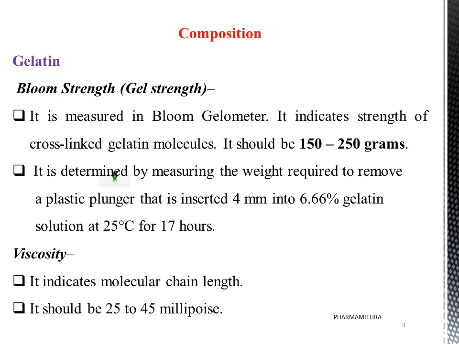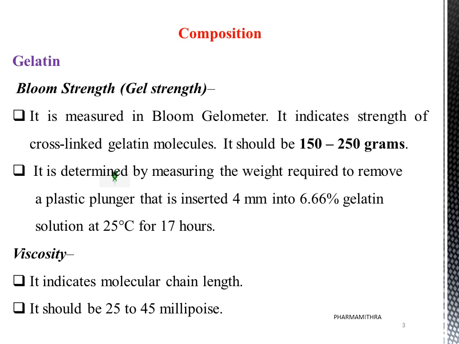Bloom strength is determined by measuring how much weight is required to remove a plastic plunger that is inserted 4 mm into a 6.66% gelatin solution at 25 degrees Celsius for 17 hours. That is the weight required to remove the plunger, inserted 4 mm into the 6.66% gelatin solution.